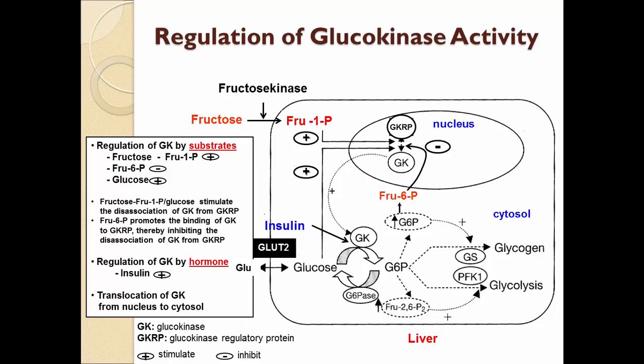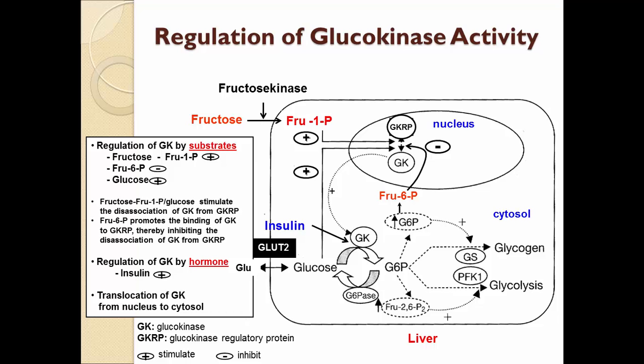It just tells us how glucokinase is regulated in the liver during the fed condition. We know that glucokinase has to be activated during the fed condition in order to promote glycolysis in the liver.